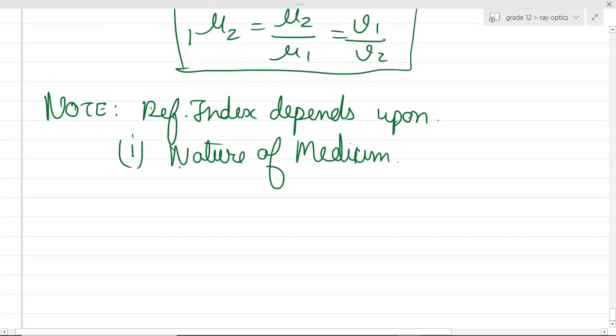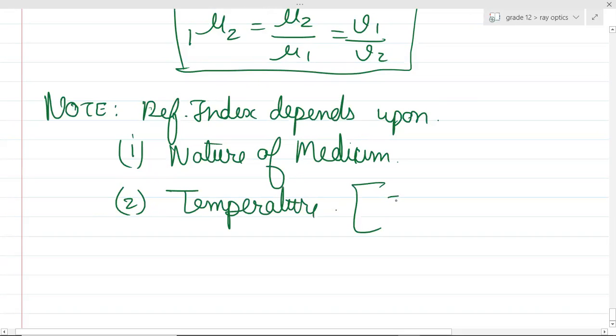Obviously, different mediums have different optical densities. Second is temperature. Always remember, if temperature increases, then refractive index decreases. I don't know the reason why, but yes, it does.